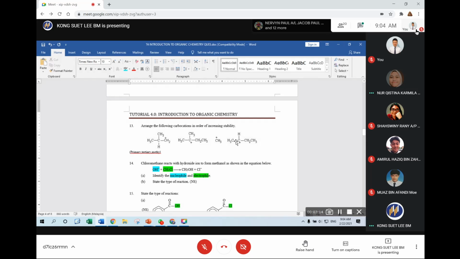Okay, yang ini? Yang itu 2. So, secondary. Okay, so first step, you have to identify the class of carbocation. Semua orang kena buat macam tu. So, yang first ini primary, kemudian yang ini ialah tertiary, yang ini ialah methyl, kemudian yang last sekali ialah secondary. Okay, tadi tak tahu kan yang mana paling stabil sekali?